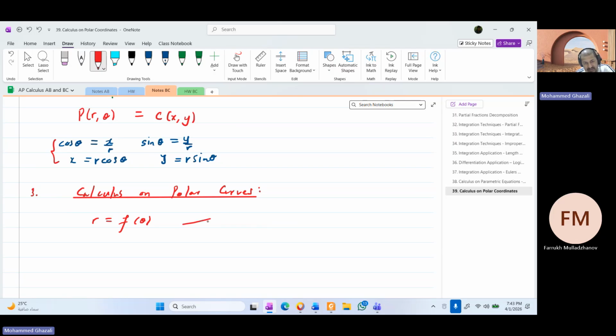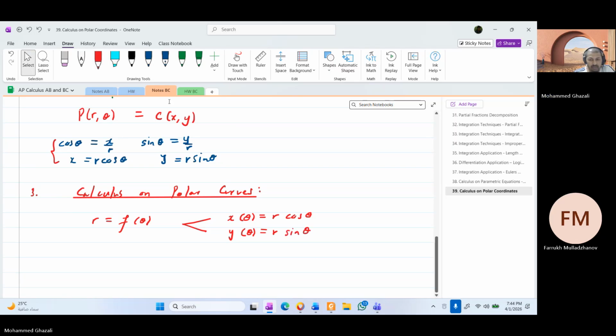So we can represent this as x of theta is equal to r. Remember, r is a function in theta. X of theta is r cos theta. And y is also a function in theta, so that's also r sine theta. Okay.